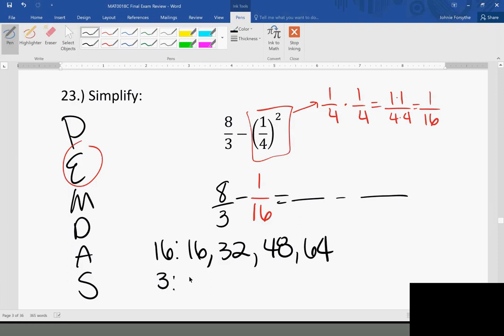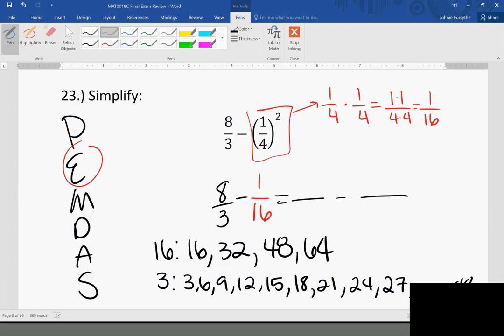And then multiples of 3, 3, 6, 9, 12, 15, 18, 21. Kind of keeps going on. But actually, we're going to end up getting 48 because I can divide 3 into 48. That gives me 16. 48 is going to be my common denominator.